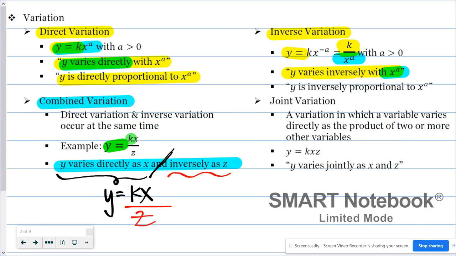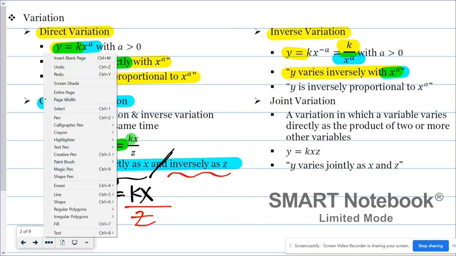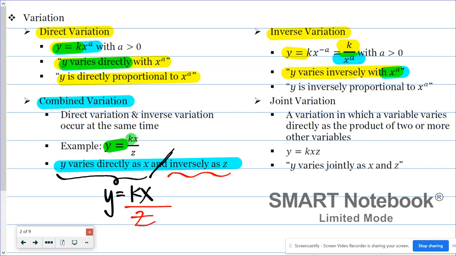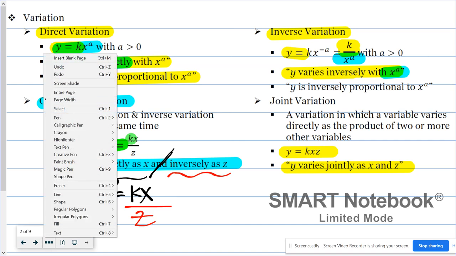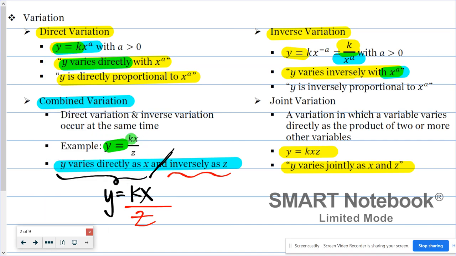Joint variation is just you're multiplying by maybe two things instead of one. So y varies jointly as x and z. We're going to write y equals k times x and z. So jointly also indicates multiplication.